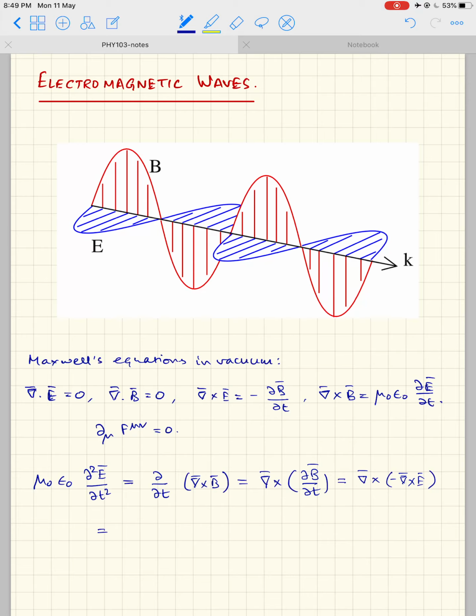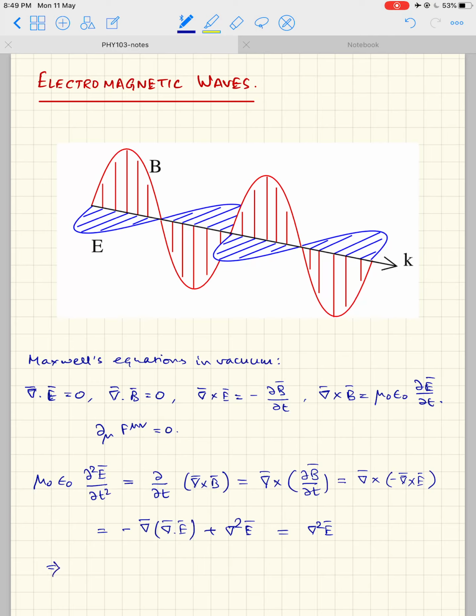So now you use the formula for curl of curl. This becomes gradient of the divergence of E plus del squared E. Now divergence of E is equal to 0, so the gradient of divergence of E is 0, so this just gives you del squared E vector.